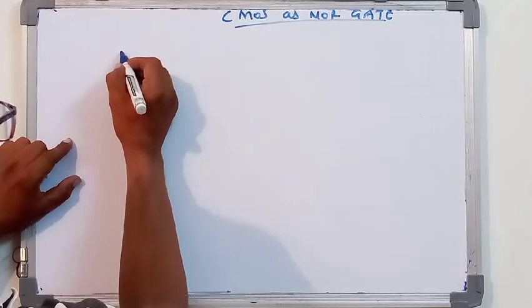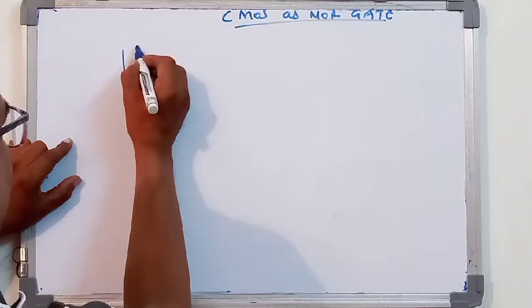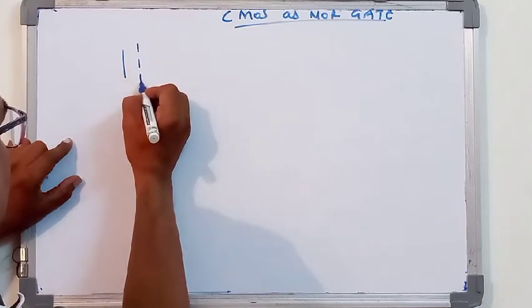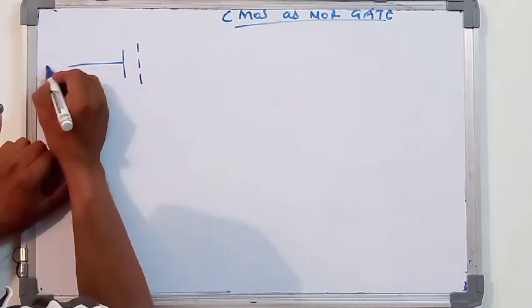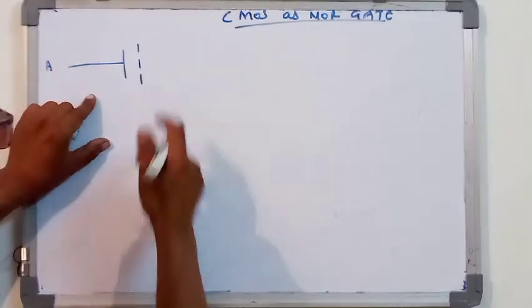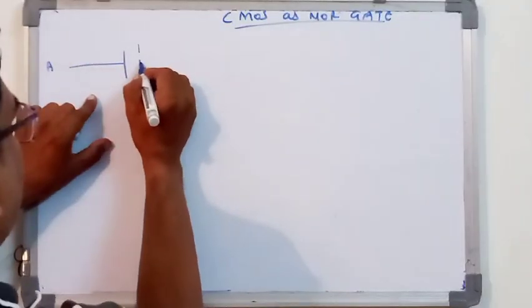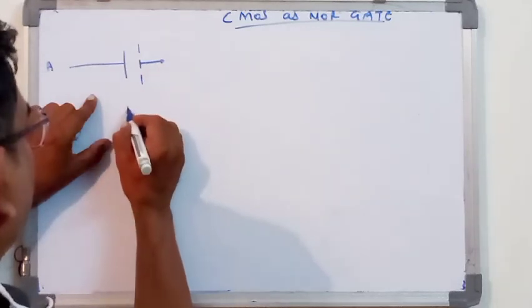Here the transistor, the gate terminal, here you give the A as an input, then the source.